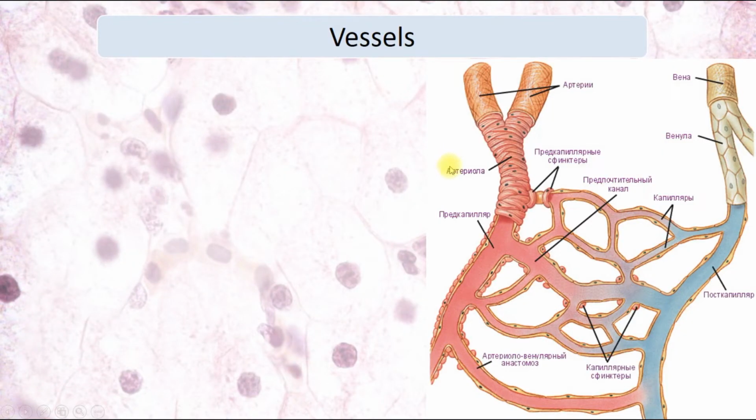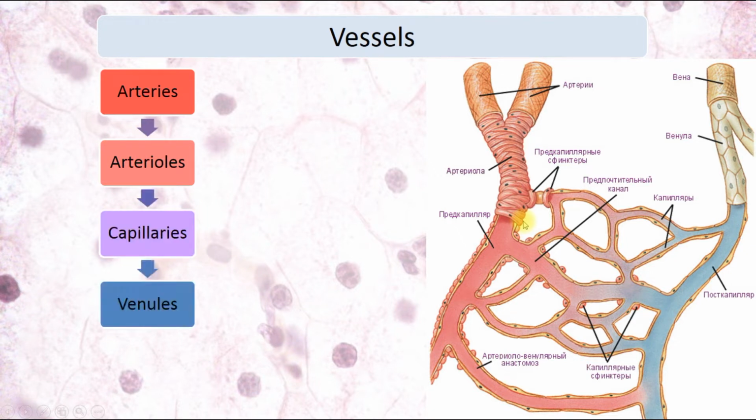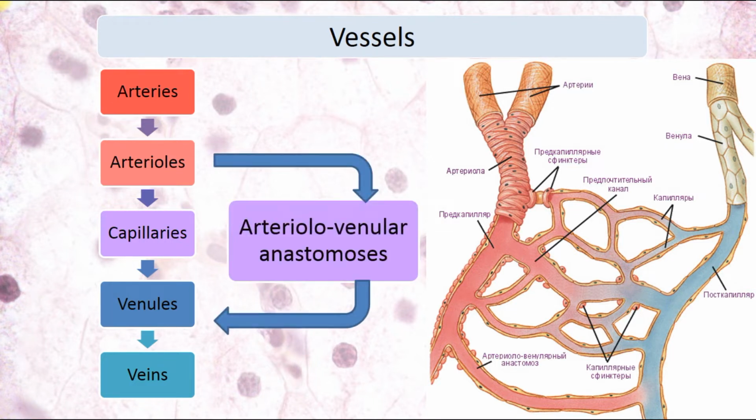We also have another extra way of blood flow in the microcirculation. Typical is arteries, arterioles, capillaries, venules, and veins, but we have one more way: via arteriovenular anastomosis. Here we can see the extra way. It's an extra blood vessel which provides a connection between an arteriole and a postcapillary or venule, between a precapillary and a postcapillary, or directly between an arteriole and a venule.